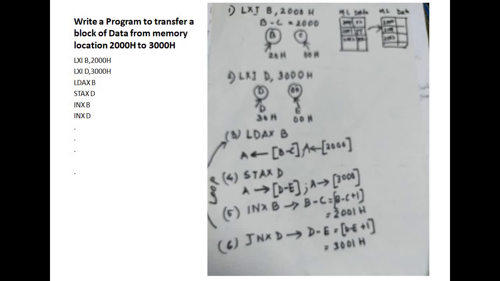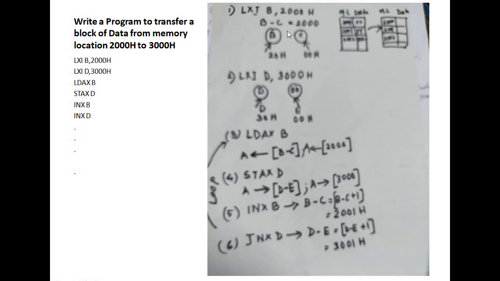But if you use this, how many memory locations are you taking? This is 3 bytes, 3 plus 3 is 6, this 6 plus 1 is 7, 7 plus 1 is 8. These are all 1 byte instructions because no operand is there. It will have an opcode only.